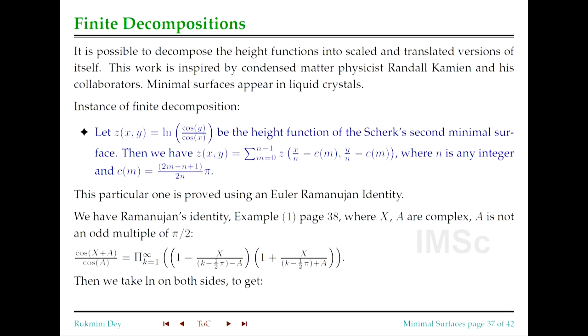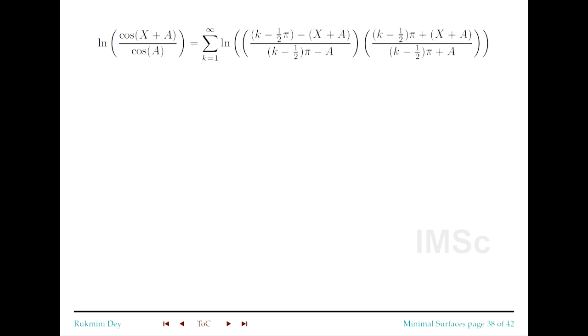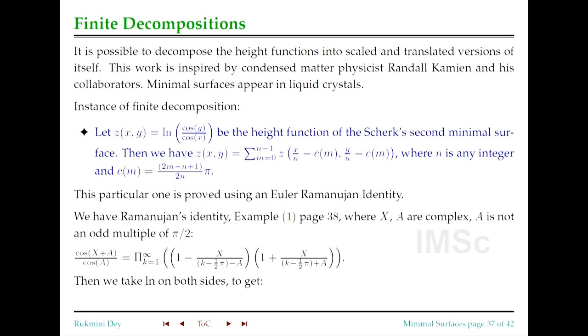And what we did was a clever rearrangement of these sums. Instead of k going from 1 to m, we just write it as k n plus m, and we could rearrange it to get a finite decomposition also. So z of x comma y, which was this, is the summation, m going from 0 to n minus 1, of z of x by n minus some constant, y by n minus some constant.